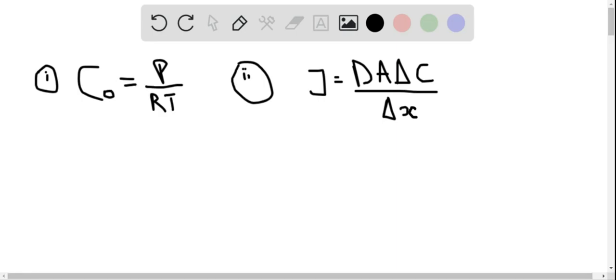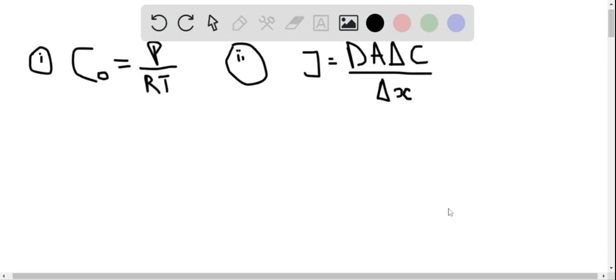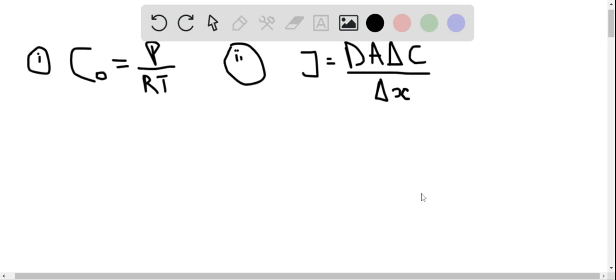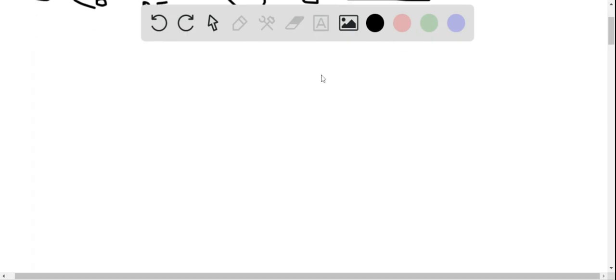And then we have to estimate the average time for a molecule to diffuse into the trachea. So for the third question, we would be utilizing the expression for the average time of diffusion.